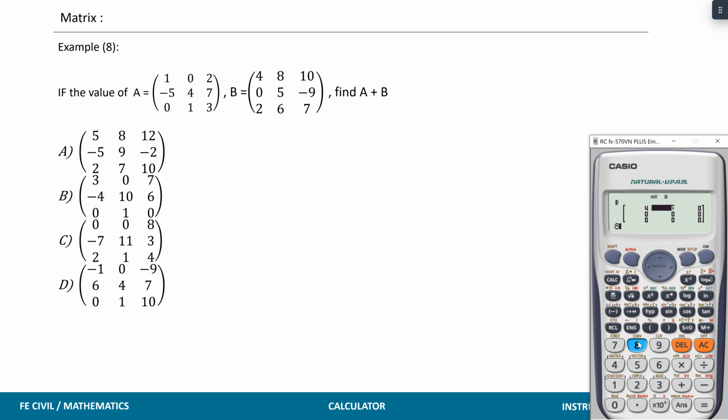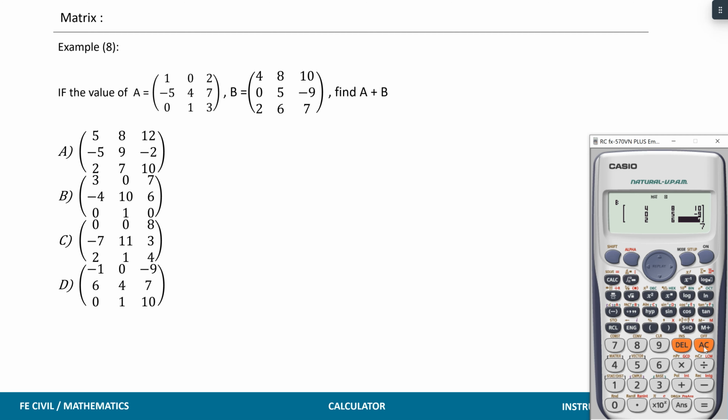4, 8, and 10, 0, 5, negative 9, 2, 6, and 7.